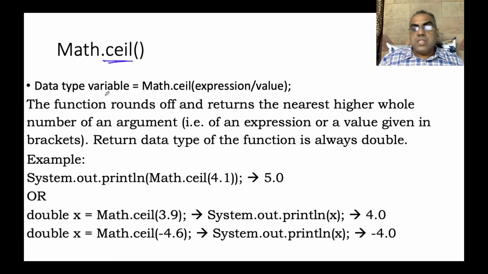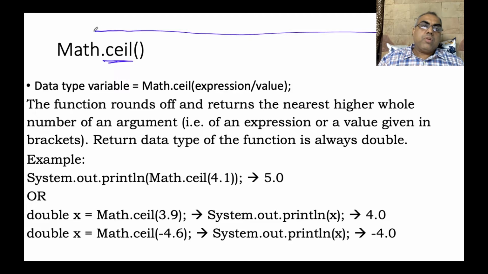We have math.ceil. Now always remember, if you really want to understand the concept, you can also draw a number line. On a number line, of course, there will be 0, 1, 2, 3, 4, 5 and so on, as well as minus 1, minus 2, minus 3, minus 4, minus 5 and so on.